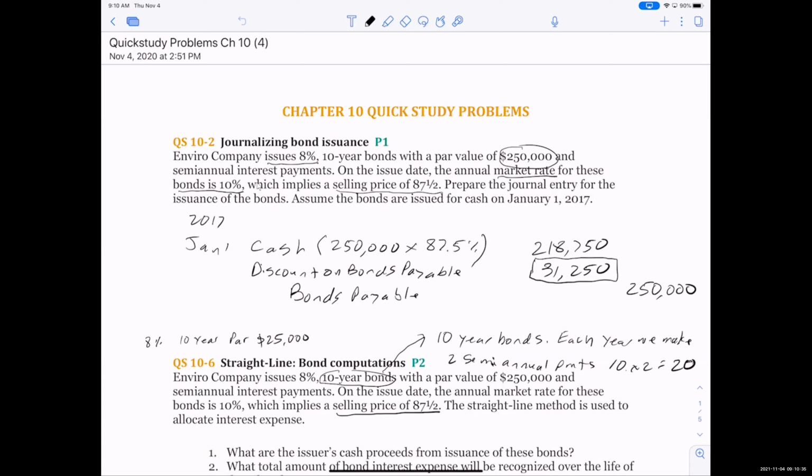So it's there. Now, I will tell you that these numbers, like Quick Study 10-2, Quick Study 10-6, are related to the 7th edition, right?